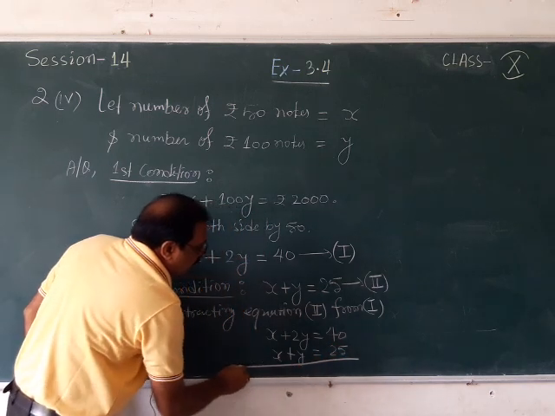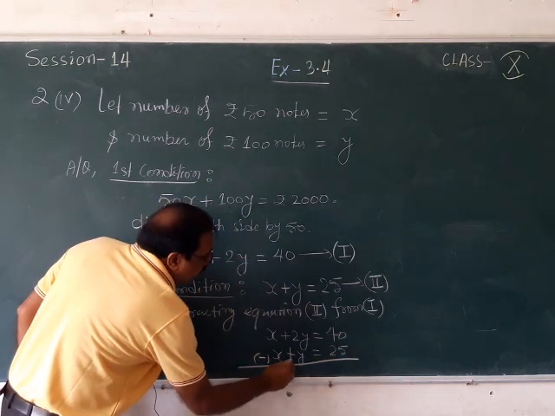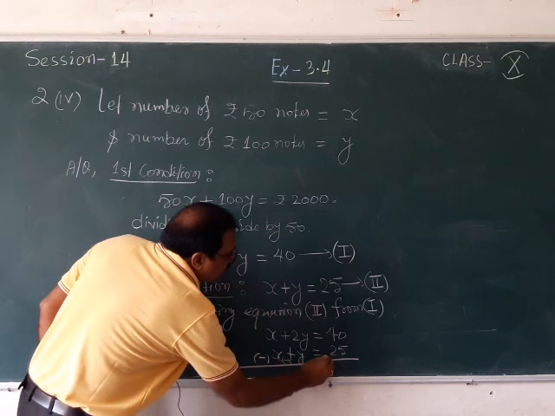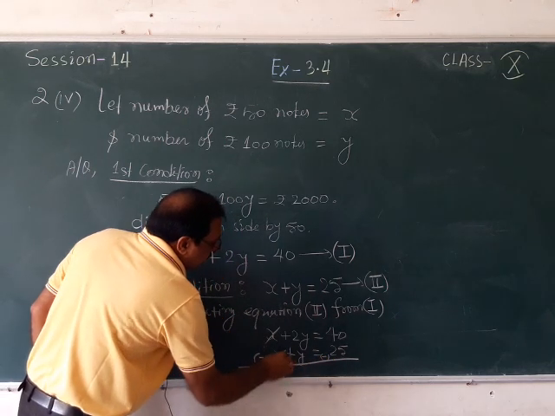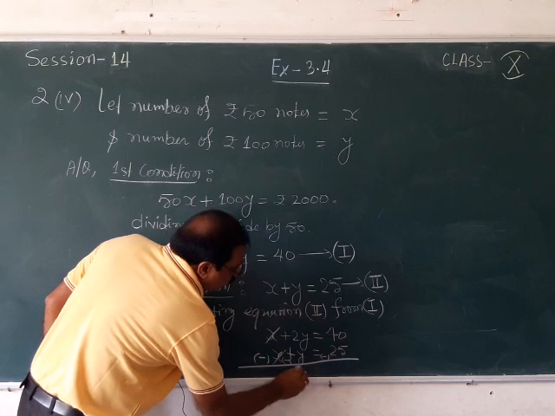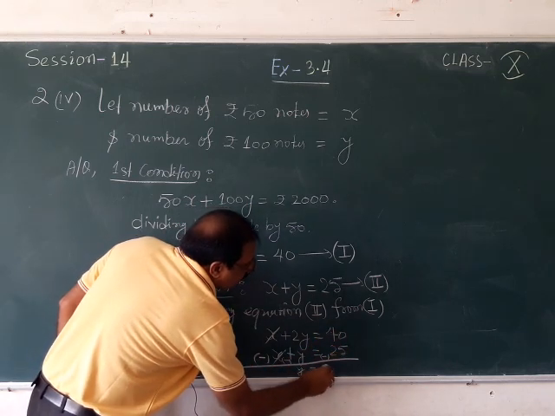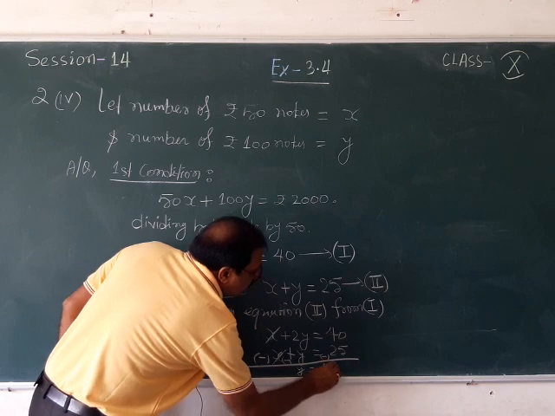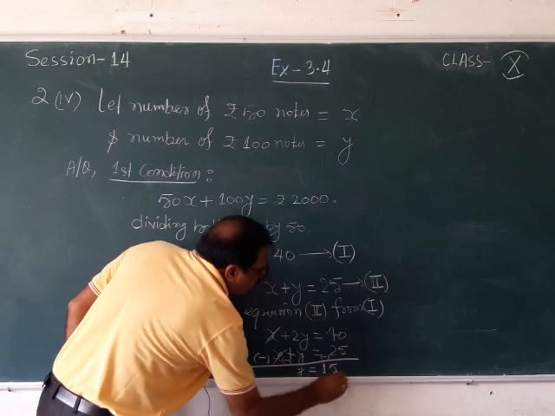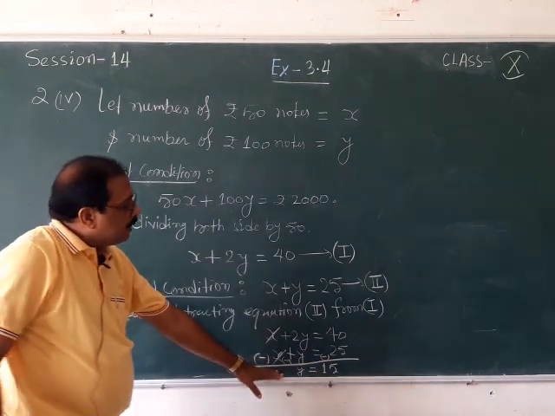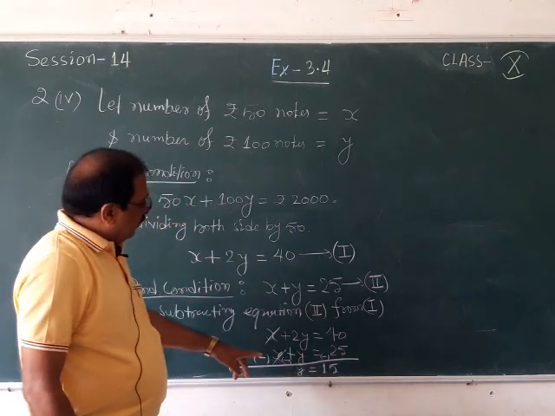We need to subtract this, so here it will be a minus sign. x cancels, 2y minus y means y, and 40 minus 25 gives you 15. So here the number you are getting is y equal to 15.